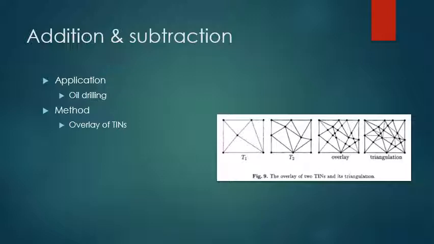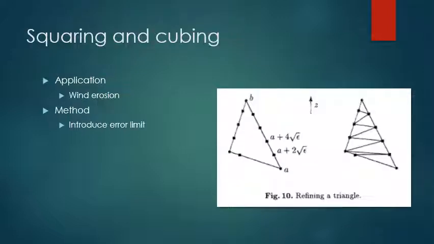An algorithm to be used for the overlay is, for example, the Guibas and Seidel algorithm. And to the right you can see an illustration of how this is done. The next operation I'm going to talk about is squaring and cubing. An application where this can be used is in wind erosion.